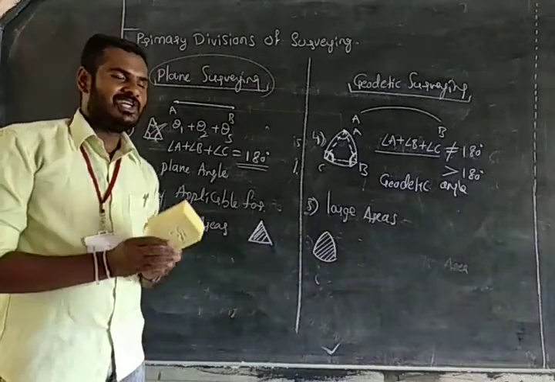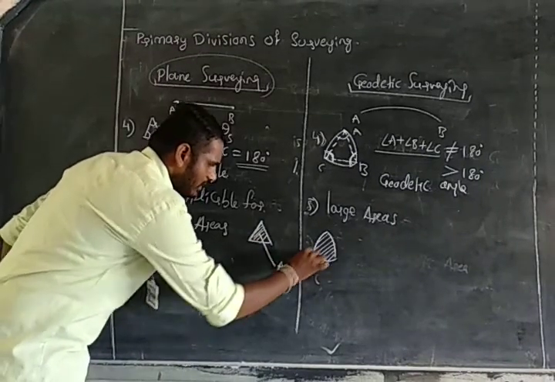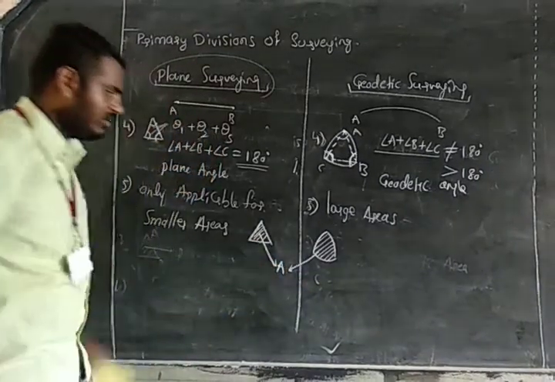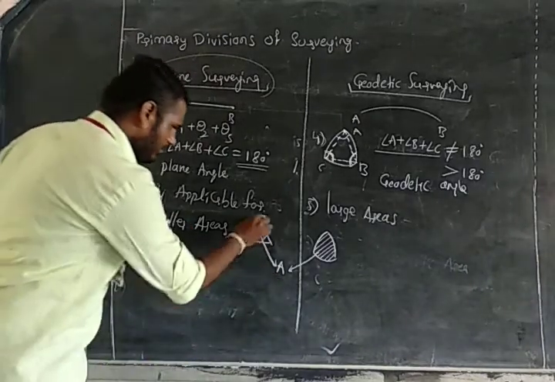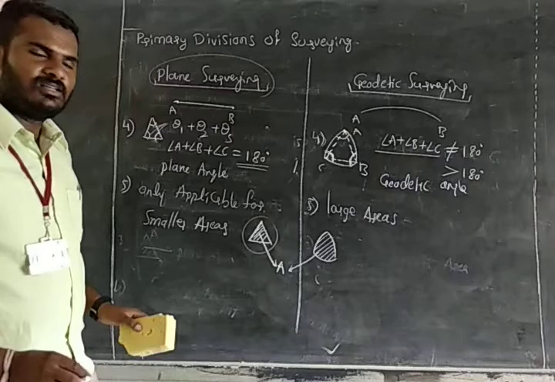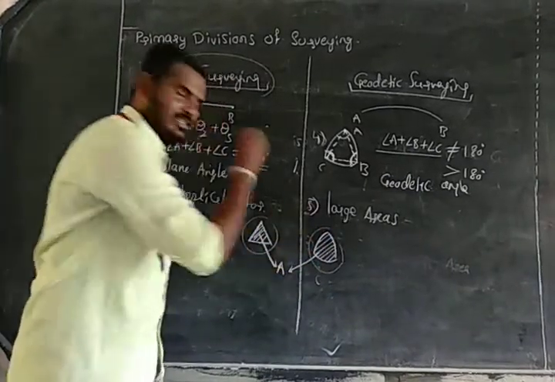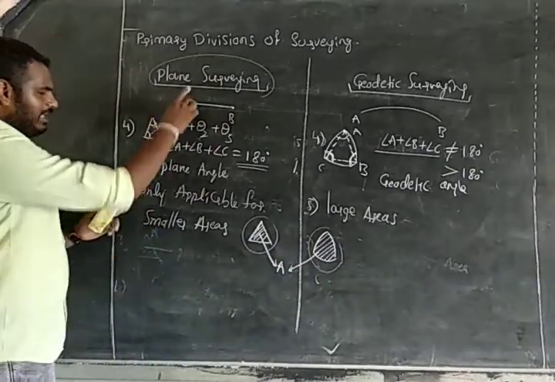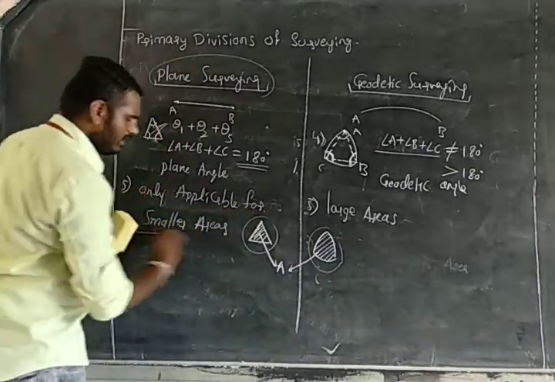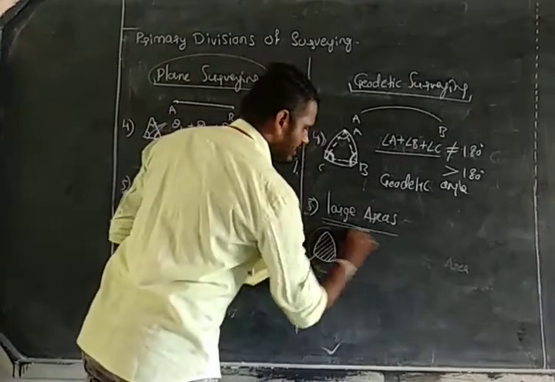What is the extent of area up to which we consider the surveying to be plane surveying? After crossing that limit, we call the same surveying geodetic survey. That is why plane surveying is only applicable for smaller areas, whereas this is applicable for larger areas.